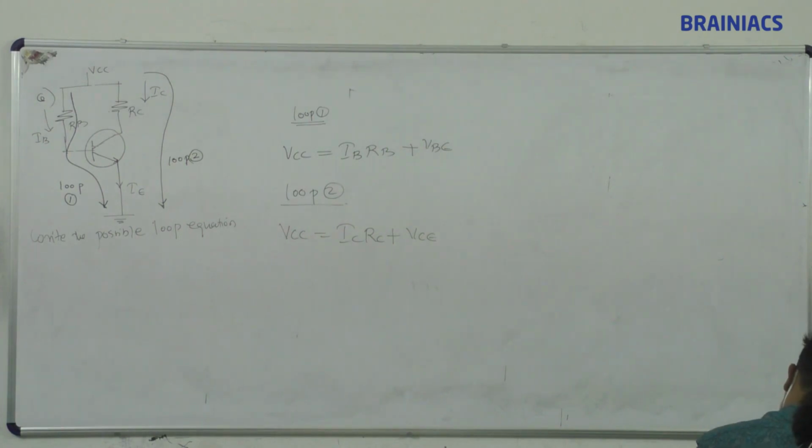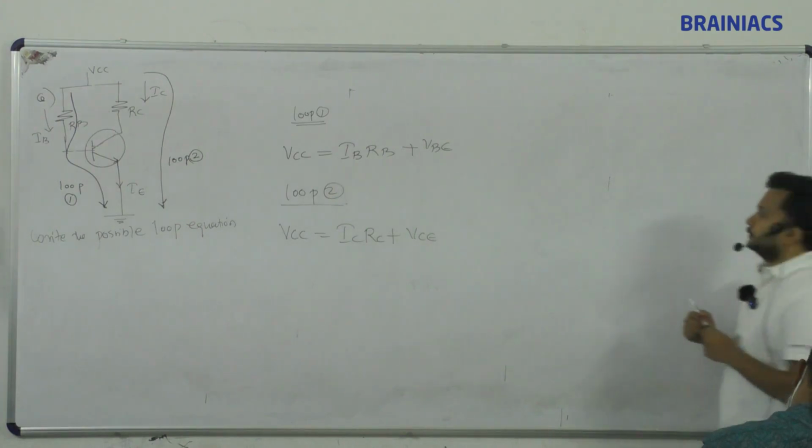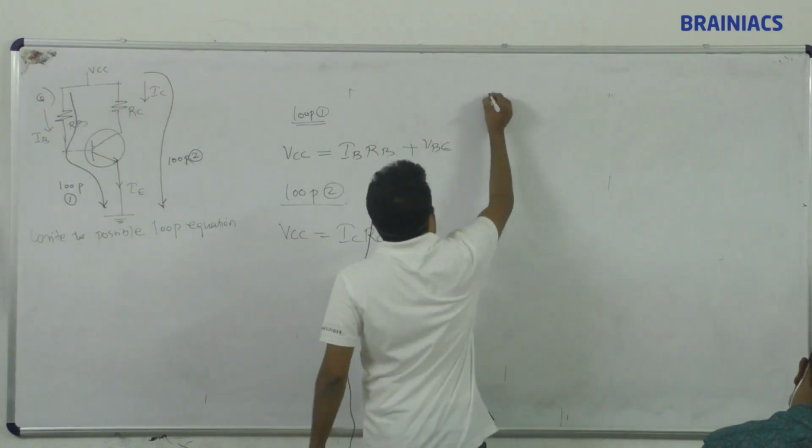What should be the base resistor RB so that VCE is equal to 5 volt and VBE is equal to 0 volt? And draw the circuit diagram.